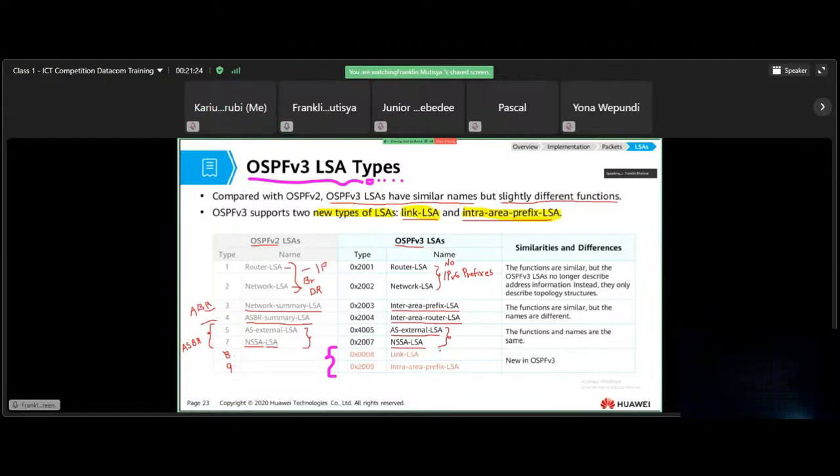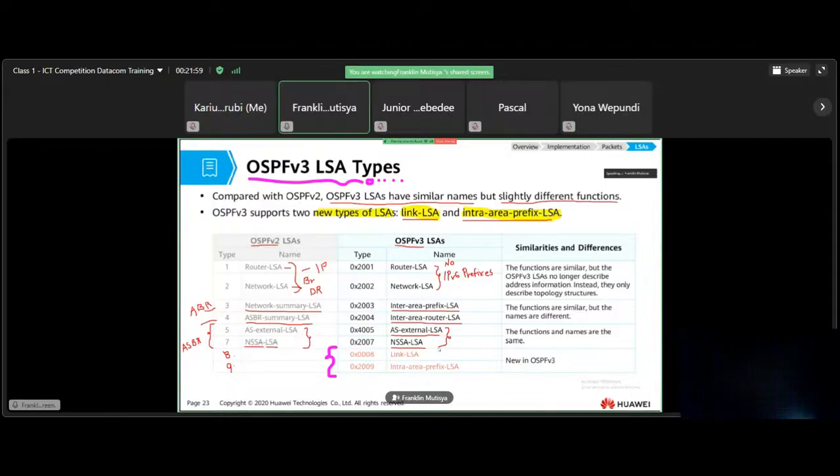Type 5 LSAs describe the routes to destinations outside the autonomous system, and so do not so stubby area LSAs. But they are used differently, in that type 7 LSAs are not allowed in the backbone area.